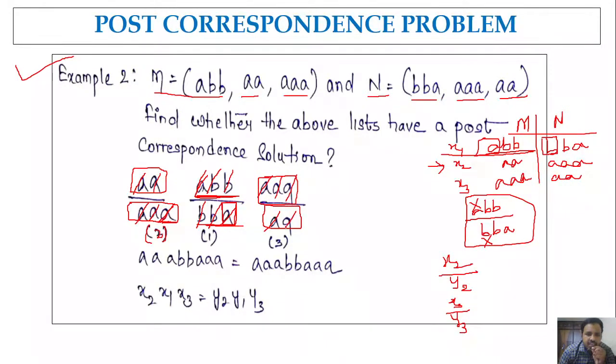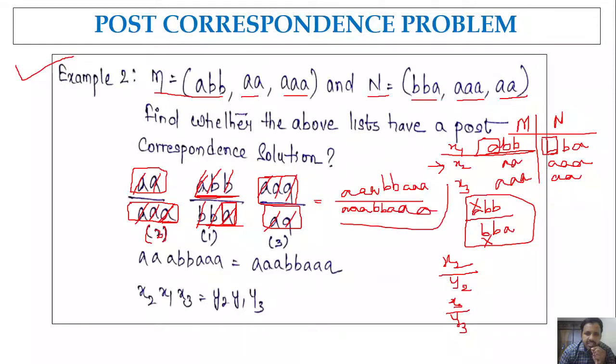So if you observe, we got the string in the numerator part as a, b, b, triple a. And next in the denominator, we also got the same string a, a, b, b, a, a, a.